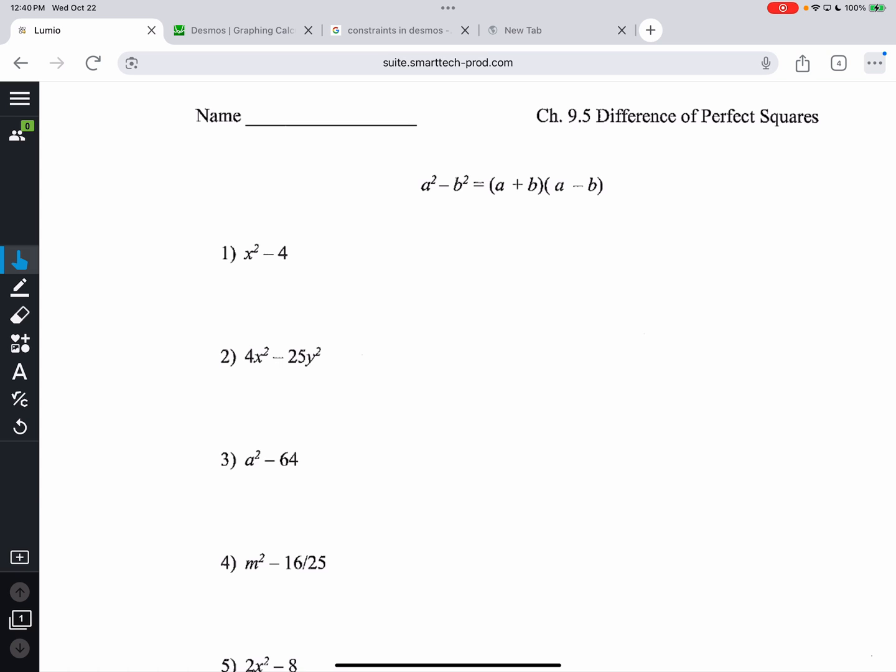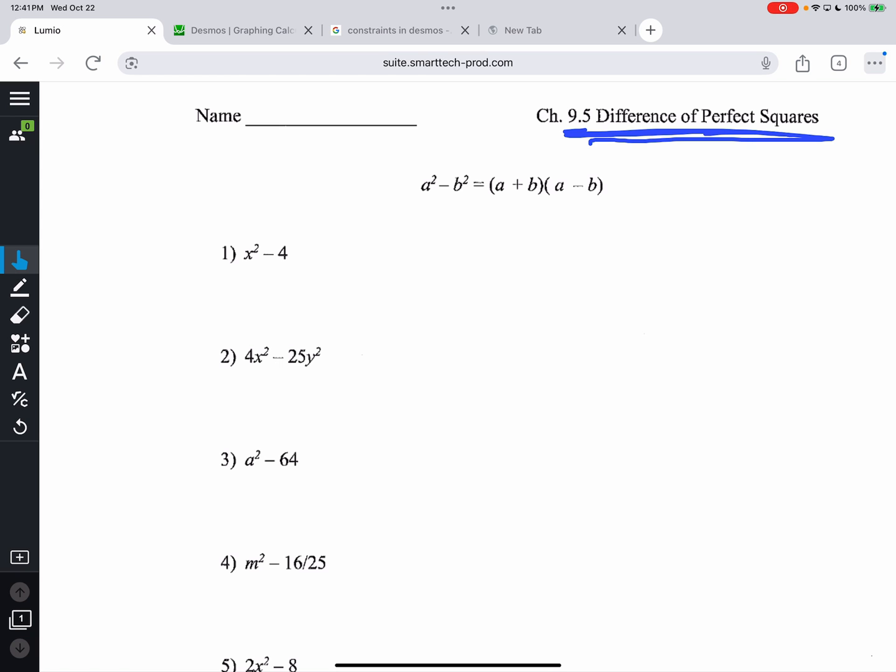Yes. Thank you. And we worked with perfect square trinomials. I don't know if y'all remember that, but we touched on that lesson. So we're looking at difference of perfect squares. What does difference mean? Subtraction. What is a perfect square?